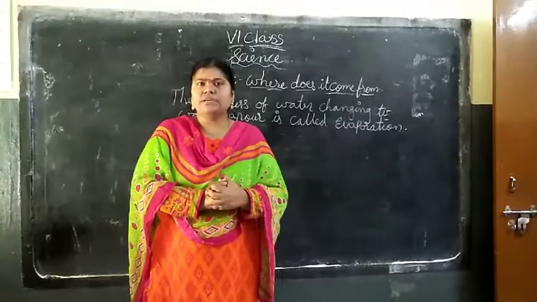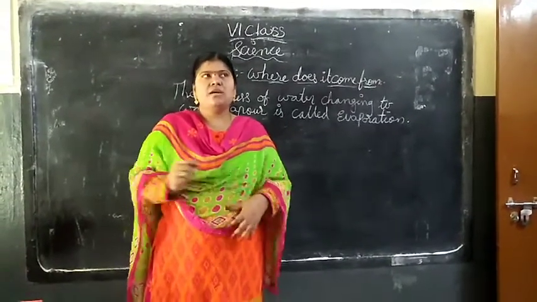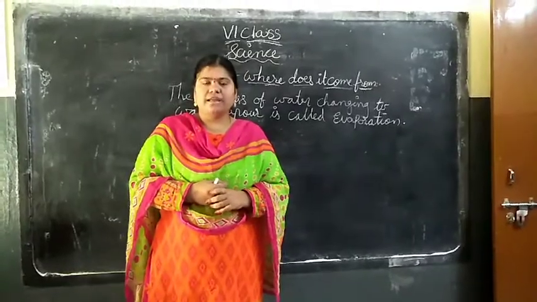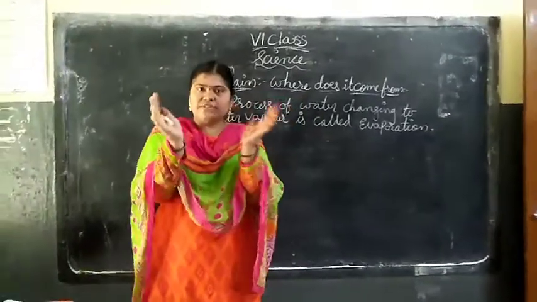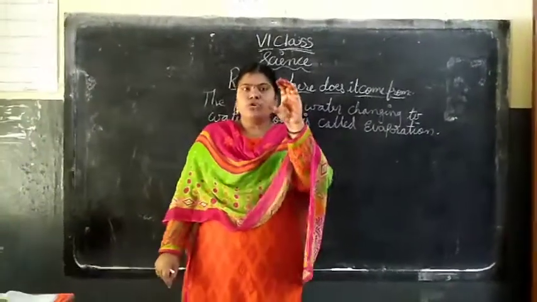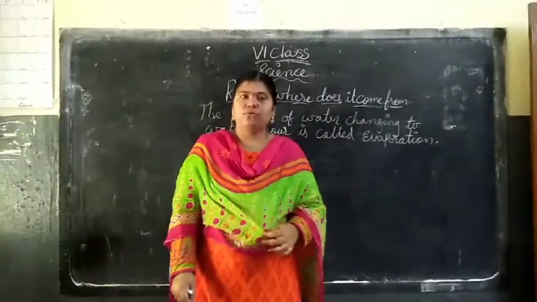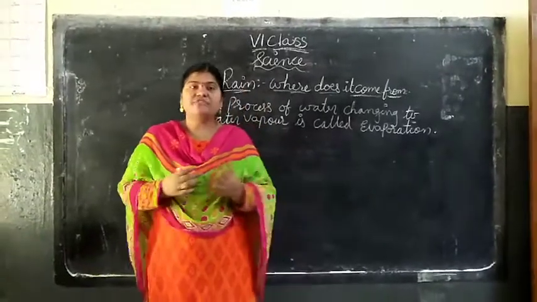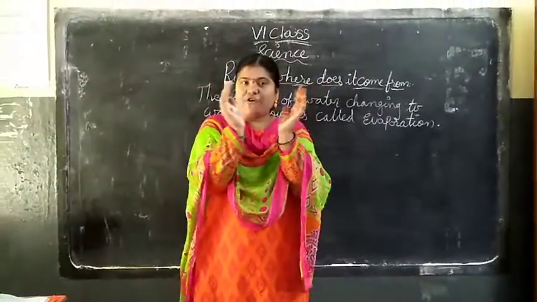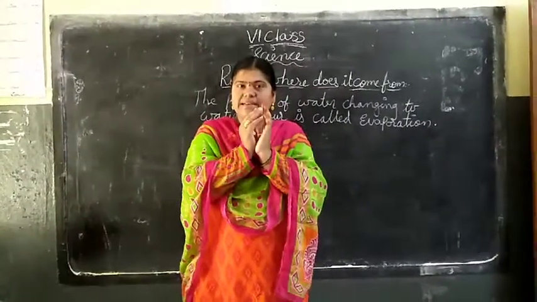And in our surroundings, what do we see? Suppose I took a glass of water. The outer surface will be normal. Now I kept some 4 to 5 ice cubes in that water. What happens after a few minutes? You can see water droplets, like a fog, forming outside the glass.